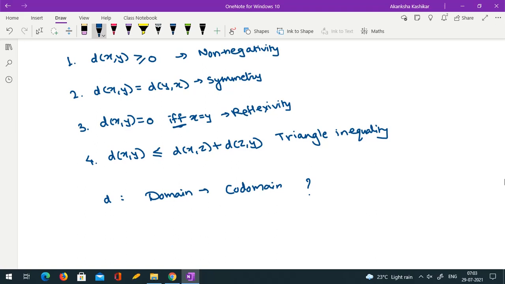Others can also pitch in. Whenever we are writing D, what are we writing in the bracket? X comma Y. So what would be the domain?